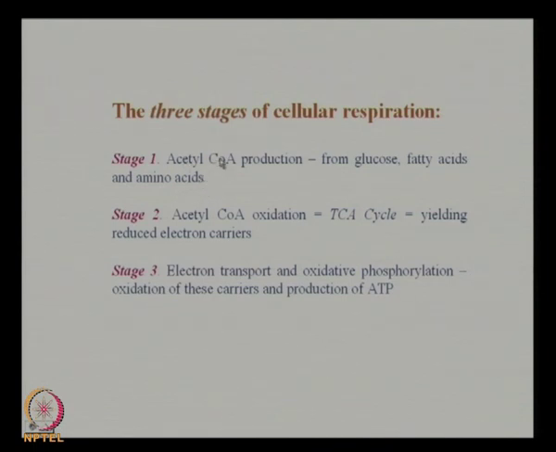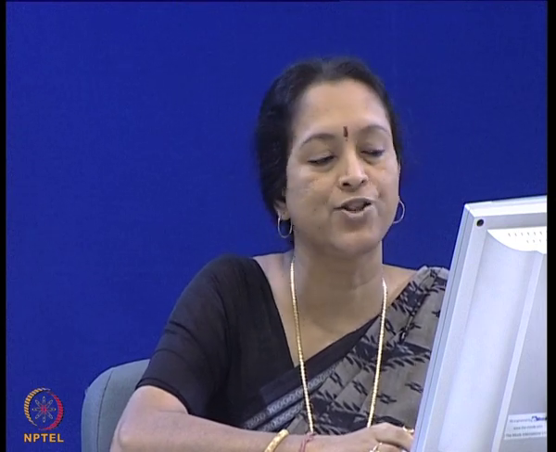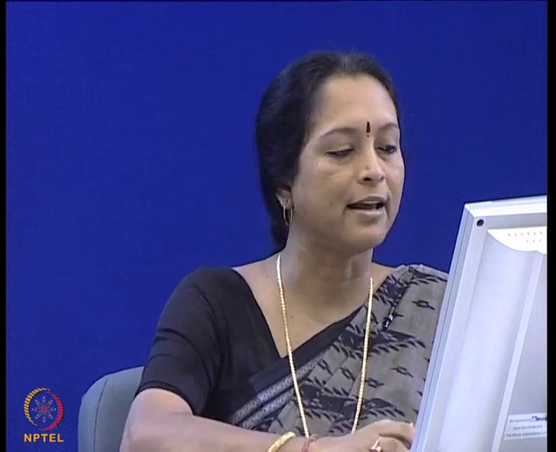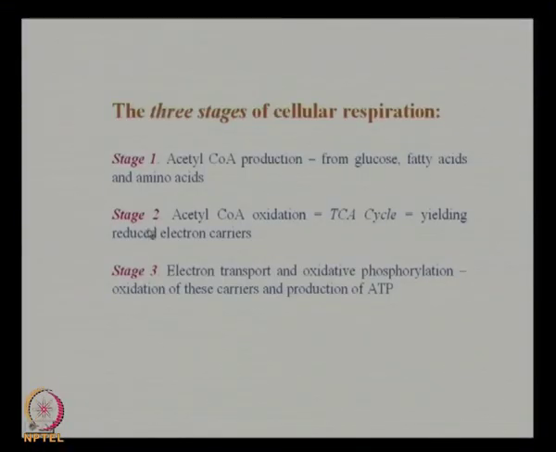So, this acetyl CoA plays an important role in the respiratory chain of the living cell. In stage 2, acetyl CoA is oxidized and it starts the reactions of the TCA cycle, yielding the reduced electron carriers.